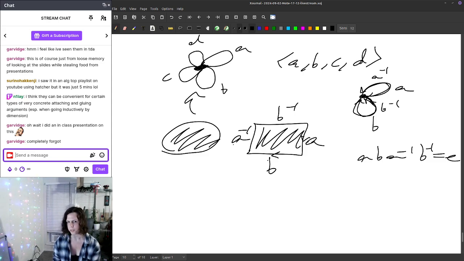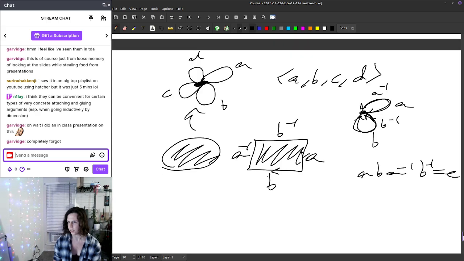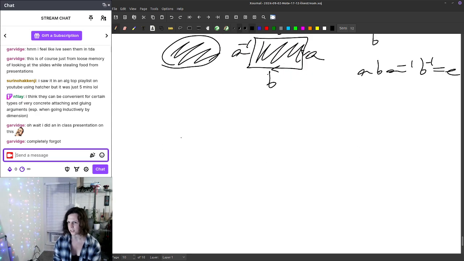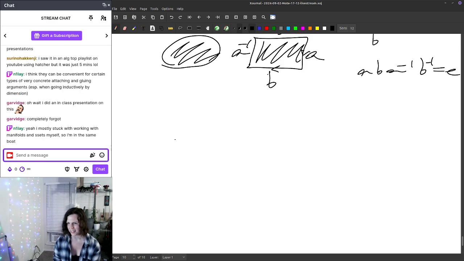For whatever reason, when I first think of CW complexes, the first thing I always think of is, well, I can take my higher dimensional cell and the gluing onto the lower dimensional skeleton.